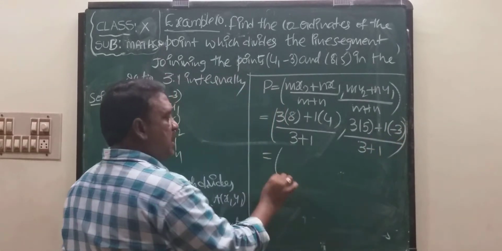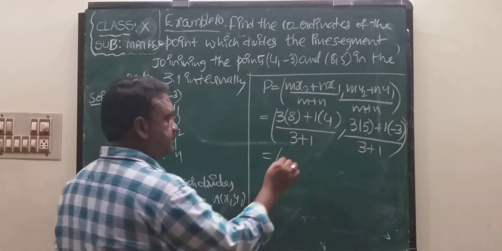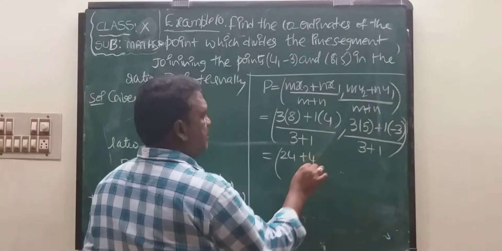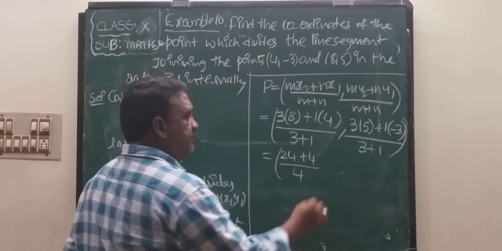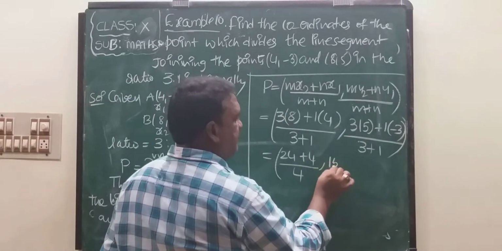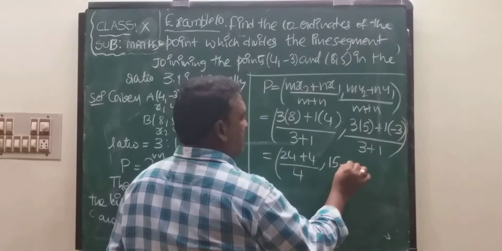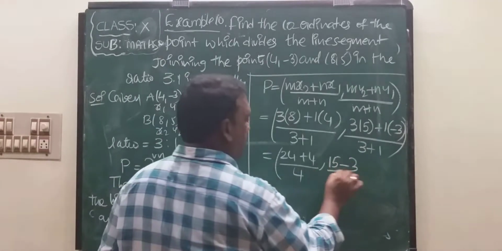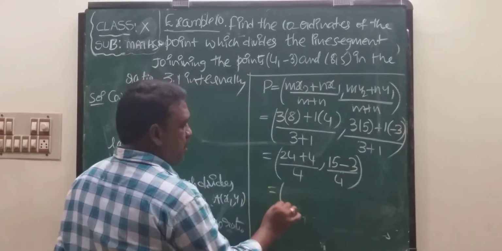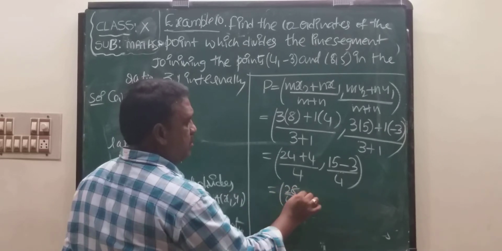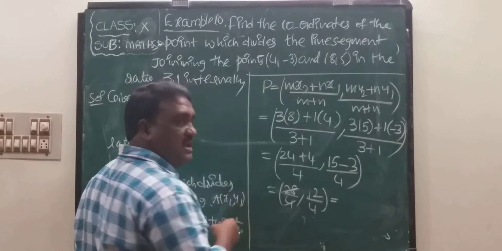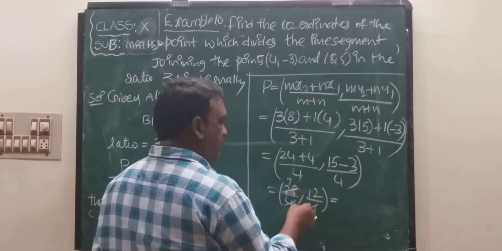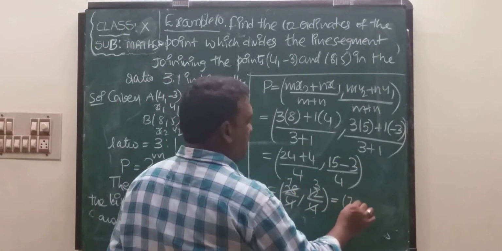So, 3 8s are 24. 1 4s are 4. 3 plus 1, 4. Then 3 5s are 15, plus 1 into minus 3, by 4. 28 by 4, 12 by 4. 28 by 4 cancellation, 7 times; 12 by 4, 3 times. 7 comma 3.